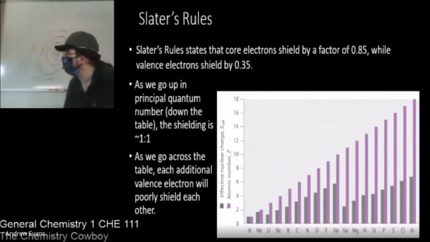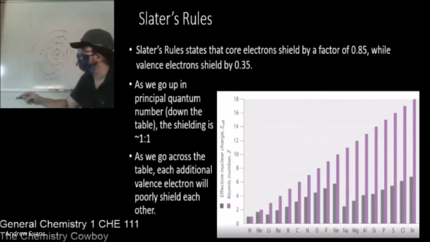And so what we get is we get this pattern. So looking at this graph right here, this little chart, the purple right there is the actual nuclear charge. As we go across the table, you see the number of protons go up linearly. 1, 2, 3, 4, 5, 6, all the way up.